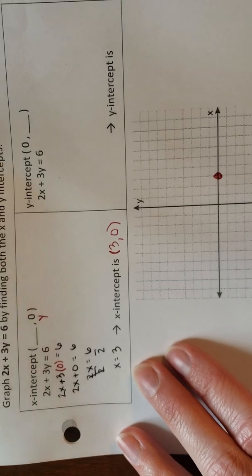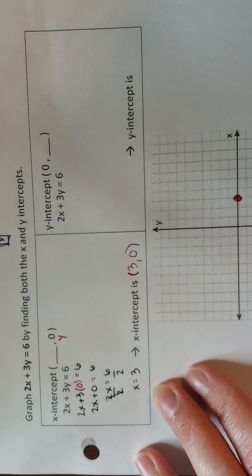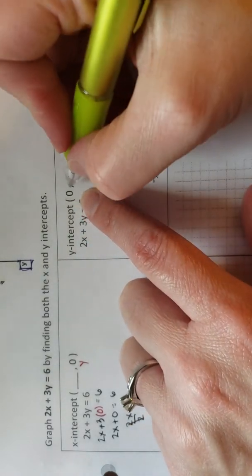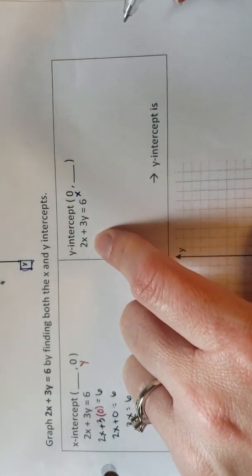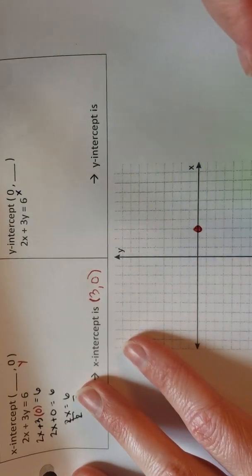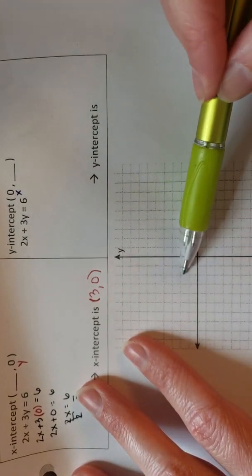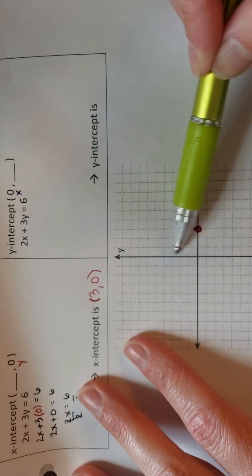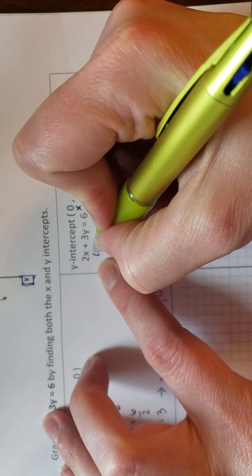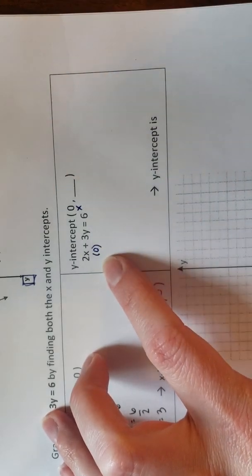That's fun. Now we can find the y-intercept. In the y-intercept, again, we know that the first number is always going to be 0. The x is going to be 0 because the y-intercept is on the y-axis. There's no horizontal movement, so it's going to be 0 something. So that means I'm going to put 0 in for x.